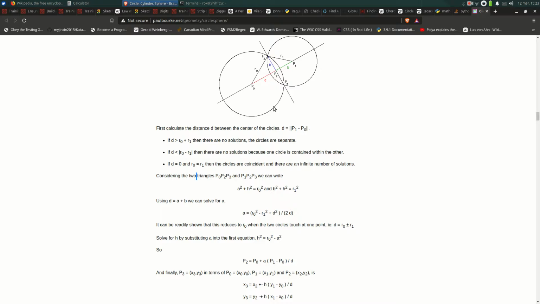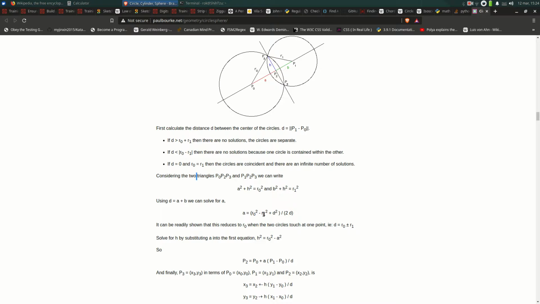Using D equals A plus B, we can solve for A. So A, R and D, it can be right. I don't understand that one.